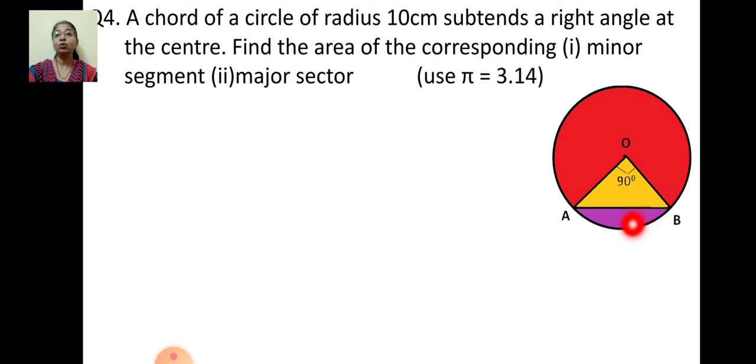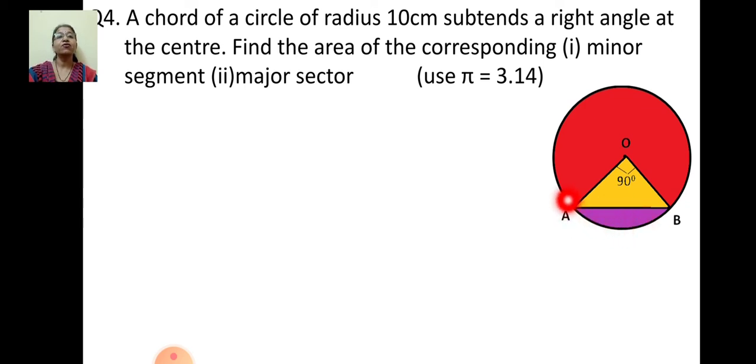As you know, there is no direct formula for calculating the area of minor segment. So how do we calculate this? First we will calculate area of this sector OAB, and from that area we will subtract area of triangle AOB. So you will get the area of this violet or purple color shaded region, that is minor segment.